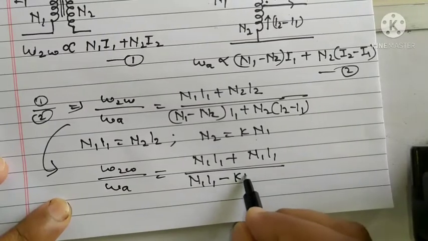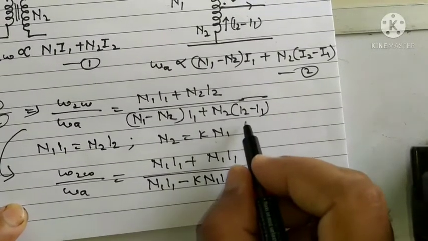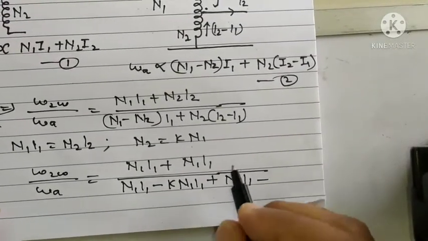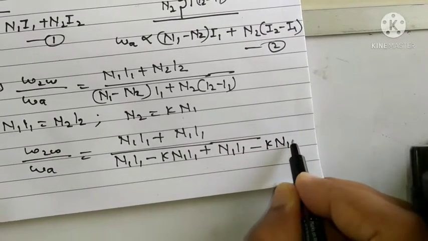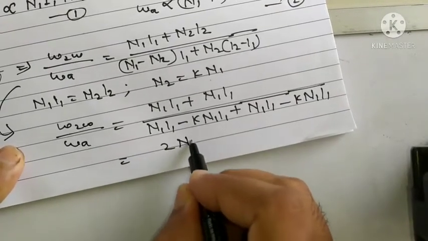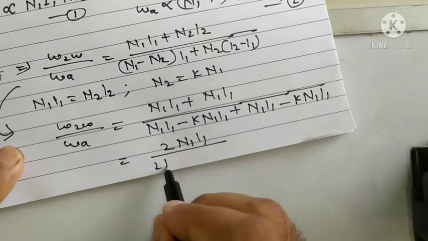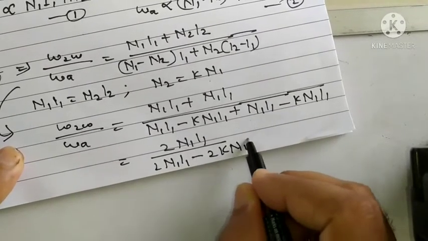So N2 will be K N1 I1 plus it will be N2 I2. So I will write that as N1 I1 minus it will be written as N2 I1. So that will be again K N1 I1. So twice N1 I1 divided by twice N1 I1 minus twice K N1 I1.